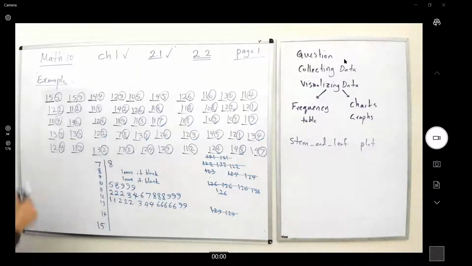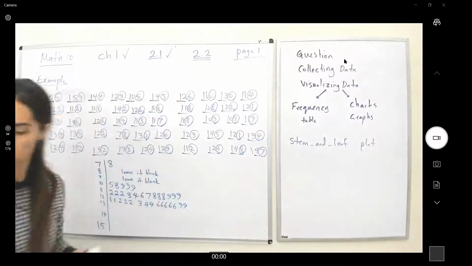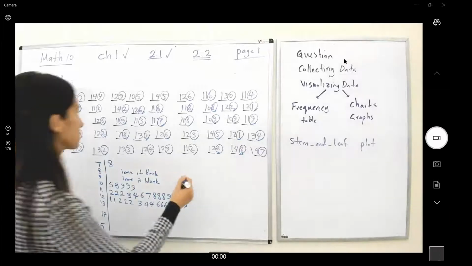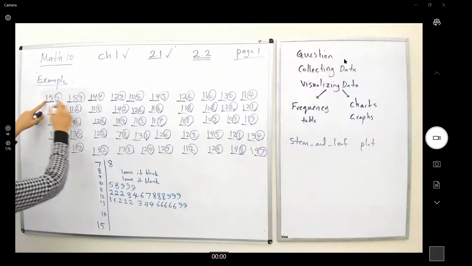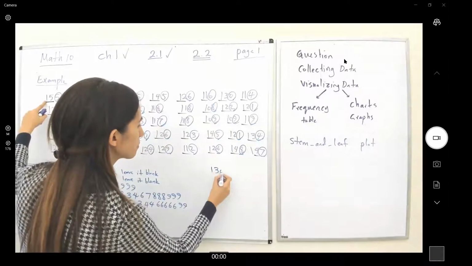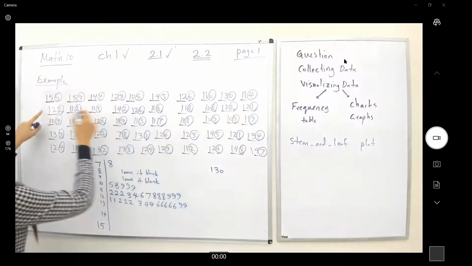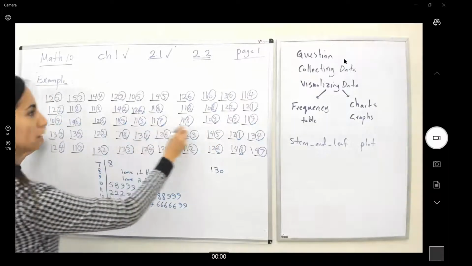Okay, now what about 13? Let us find all of the 13s, then we move on to 14s and 15s. So let's see, 13.0. Then I have, let's look for all of them.